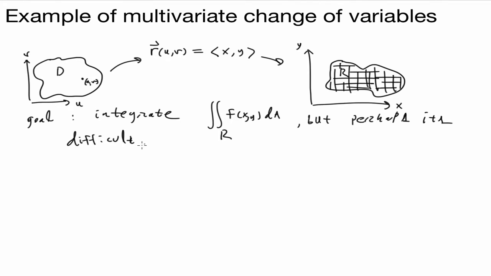And we've seen this, of course, in univariate integration, that sometimes either the domain or something about the function itself, f, makes it very difficult to actually integrate it all the way. And the idea is we have a change of variables.